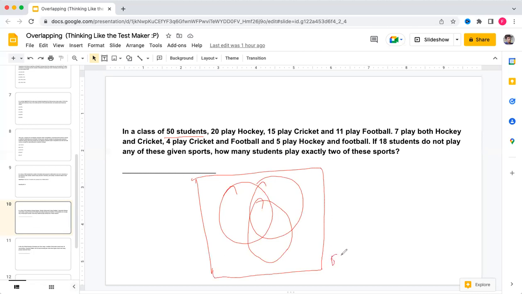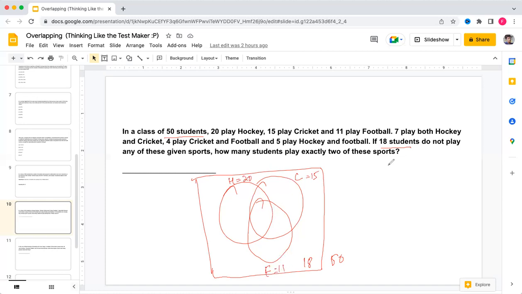Total is 50, and 18 play neither of the games. And let's call the first one hockey, this one cricket, and this one football. Hockey is played by 20, cricket by 15, and football by 11.